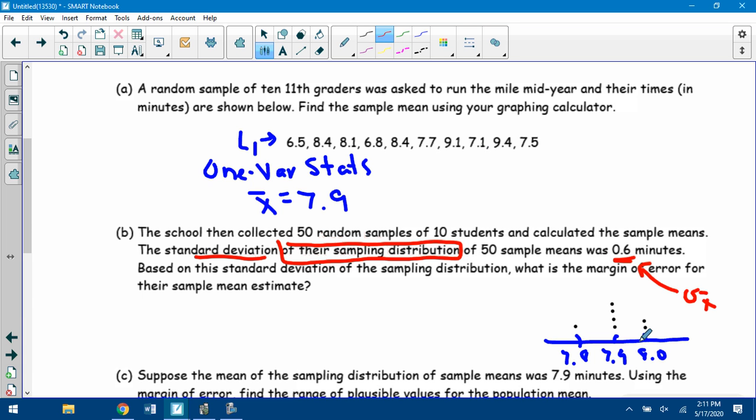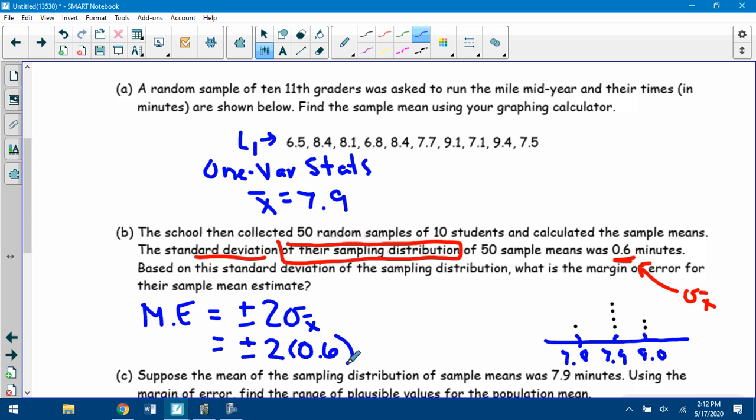That's how I calculate the margin of error. I use margin of error, and I say that that's just equal to plus or minus 2 standard deviations of the dots. So here I can just do plus or minus 2 times 0.6, which would be 1.2. So the margin of error is plus or minus 1.2 minutes.